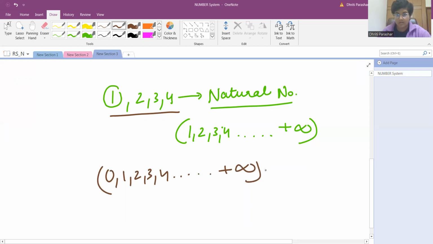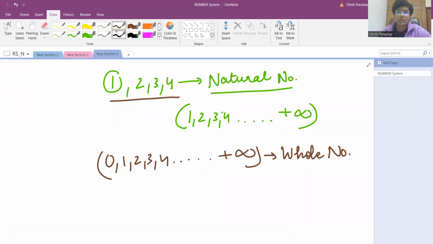These are whole numbers. The major difference between natural numbers and whole numbers is just that natural numbers start from 1 till positive infinity, but whole numbers include 0 other than the 1s, 2s, 3s and 4s, right? So these were whole numbers.